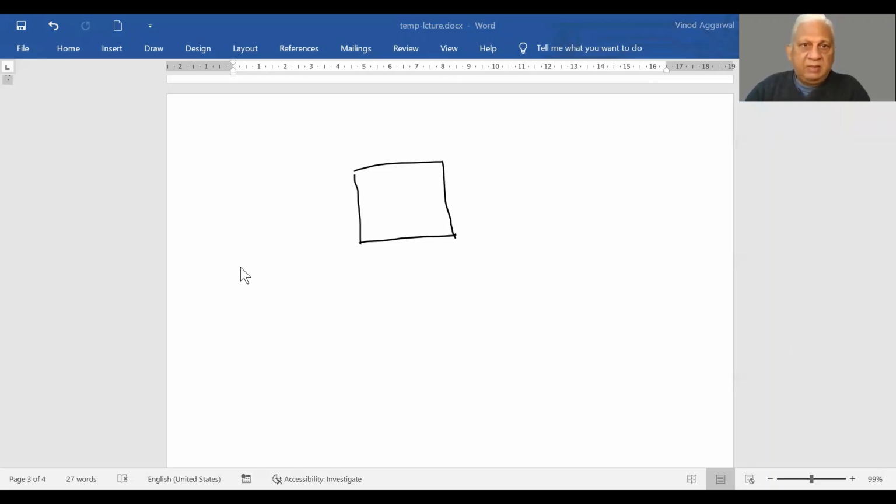Now, as an example, let's take a square whose side is a, and at each corner we place different weights. For example, we put weight m here, 2m here, 3m here, and 4m here. And let's take the coordinates.